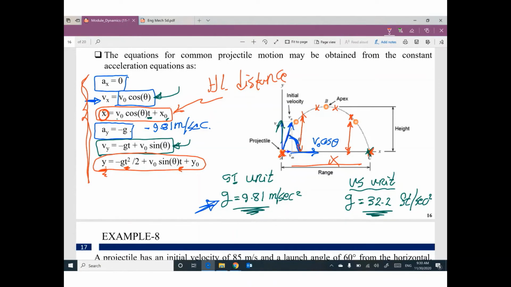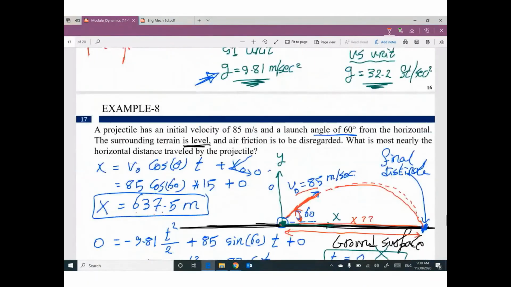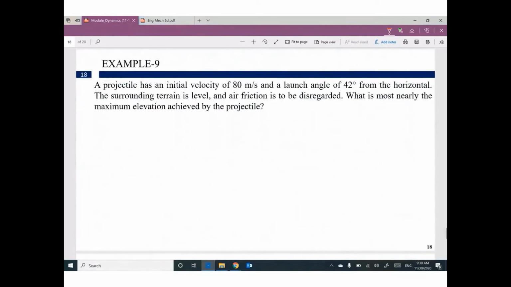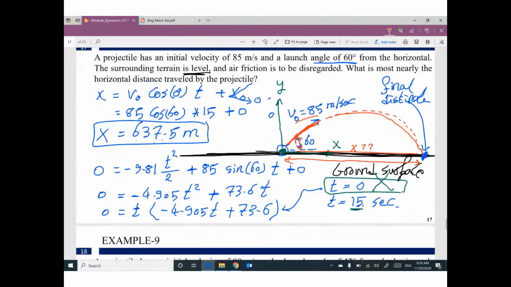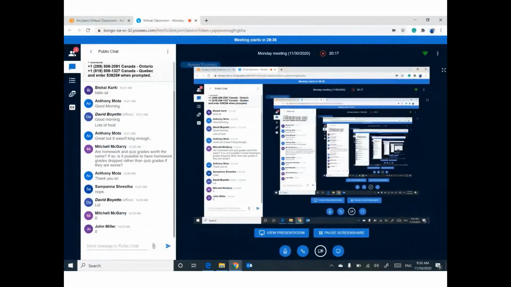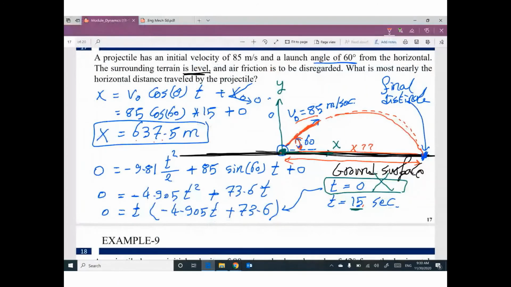So from this equation, I can figure out the required time. Once you get the required time, I can use the equation for x to figure out the horizontal distance. Let's do another example. But do you have any question for this example?